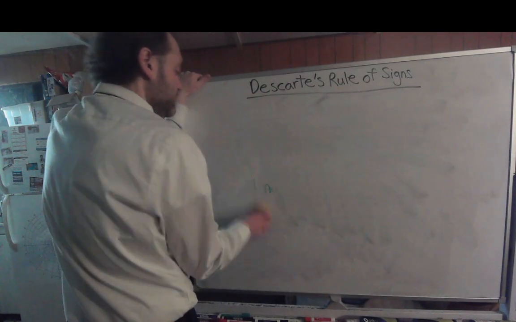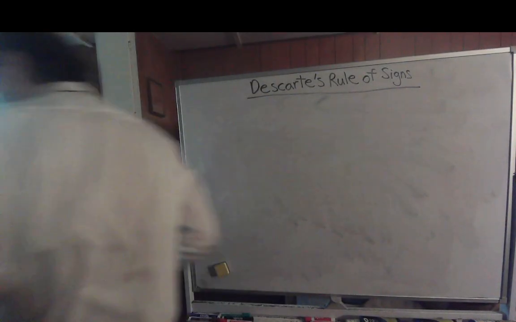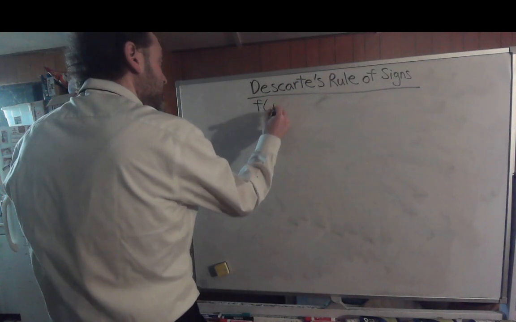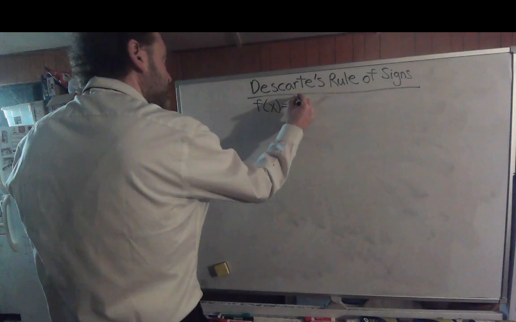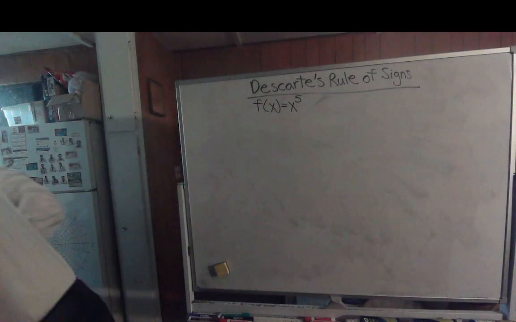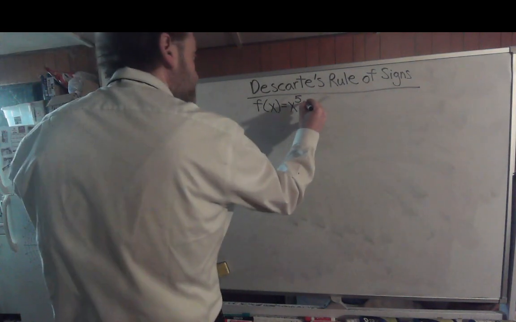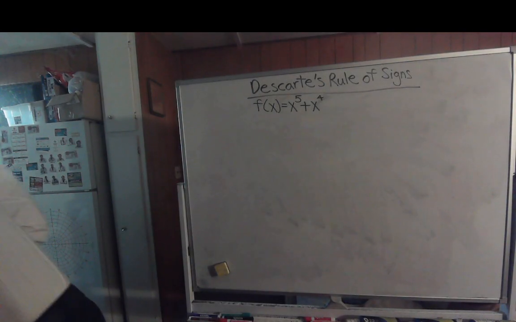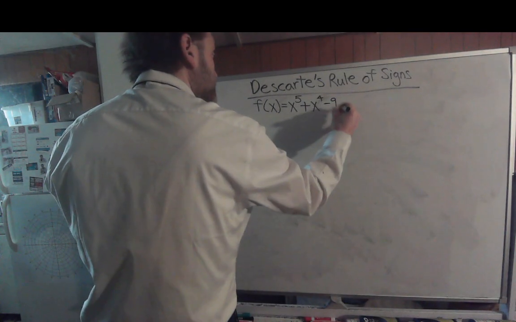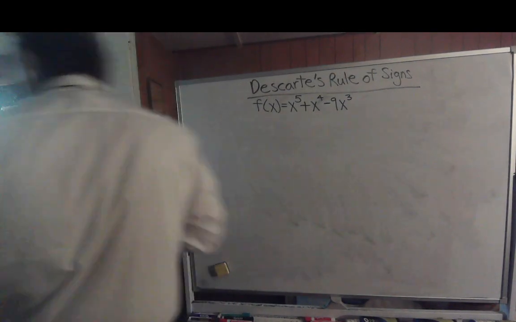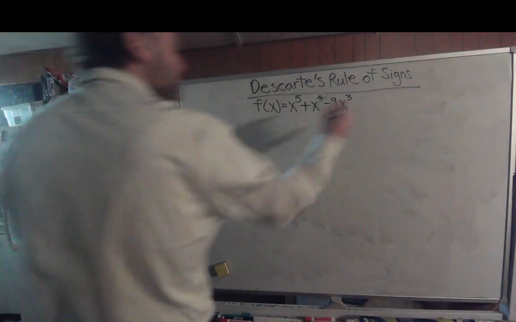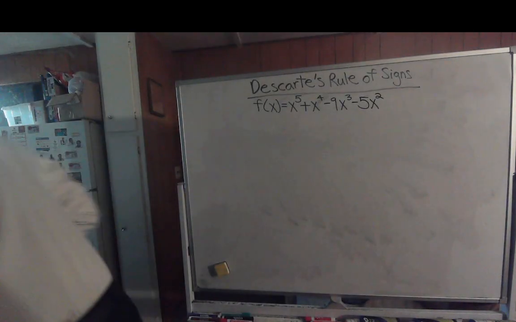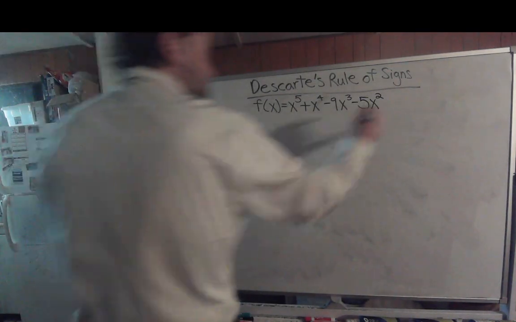Two more, then we're done. Let's see. F of x equals x to the 5th plus x to the 4th minus 9x to the 3rd minus 5x squared minus 36.